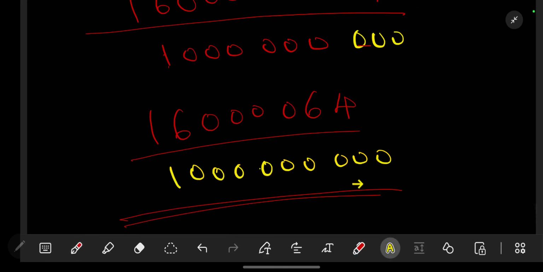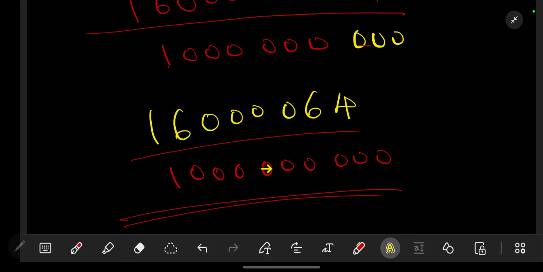But just in case your lecturer is strict, you can see that the number of values here is 1 2 3 4 5 6 7. Here it's 1 2 3 4 5 6 7 8. Okay, so let's match up like this. How many are these? 1 2 3 4 5 6 7. 1 2 3 4 5 6 7 8. So even here it's 1 2 3 4 5 6 7 8, like that.